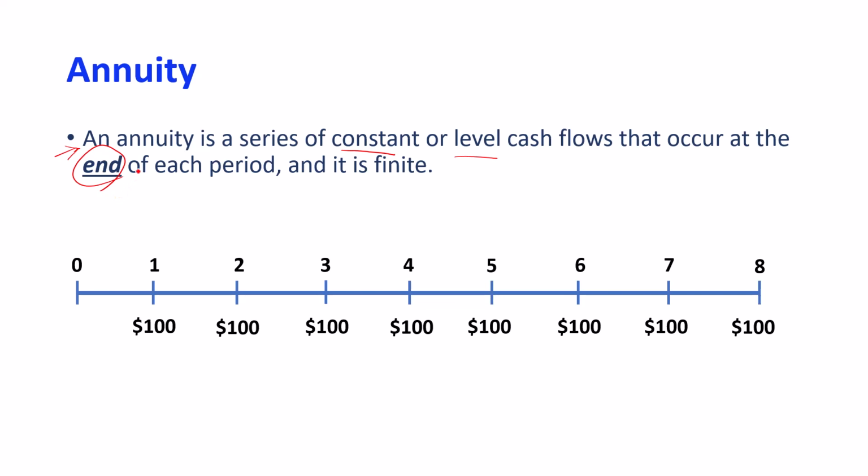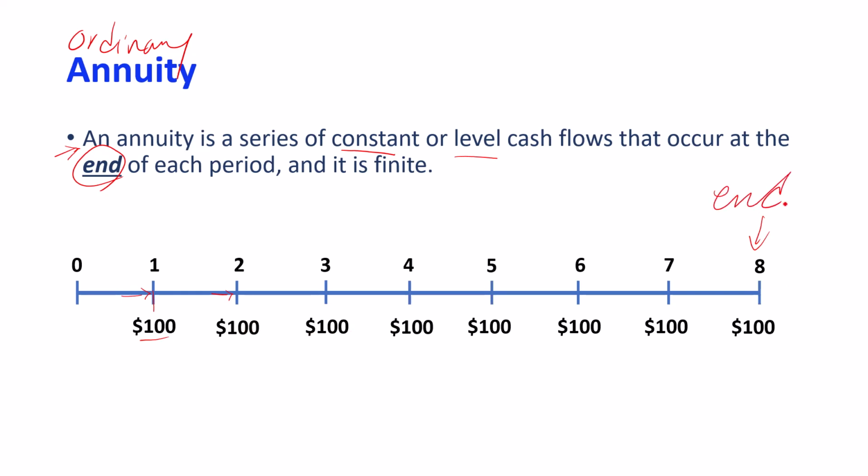But this one, we call an ordinary annuity, in which the cash flows happen at the end of the period. You can see that you're receiving $100 at the end of each period. They are equal amounts and they are finite. So there is an end to this series of cash flows.